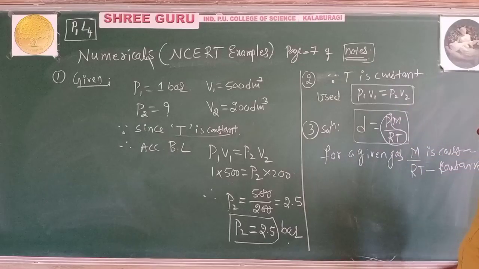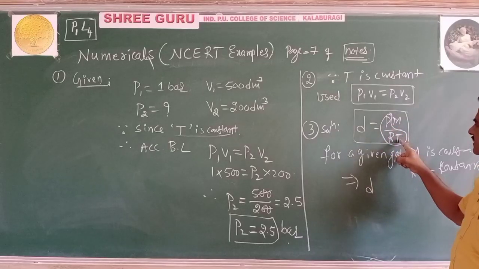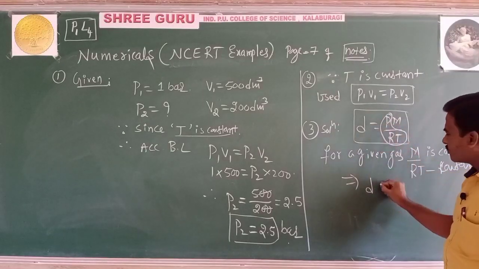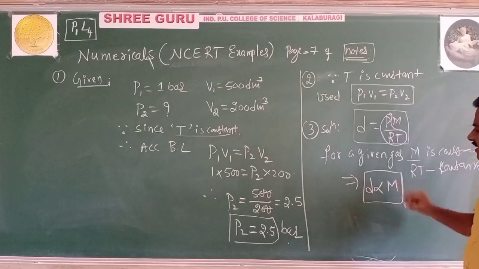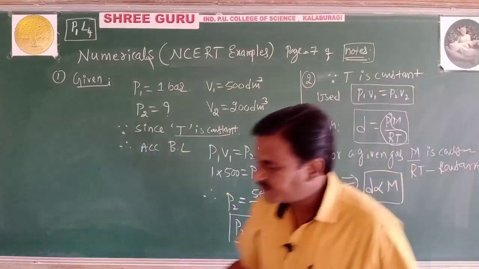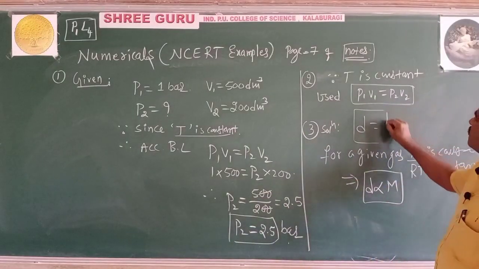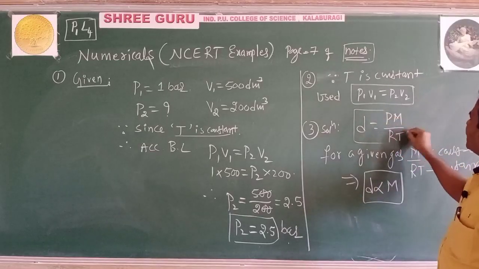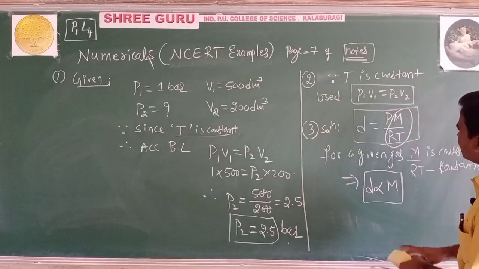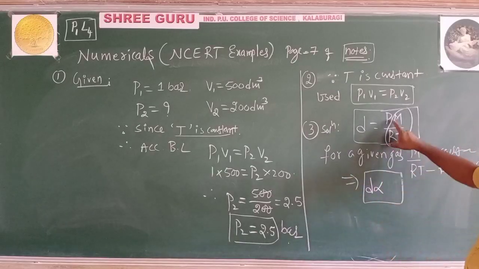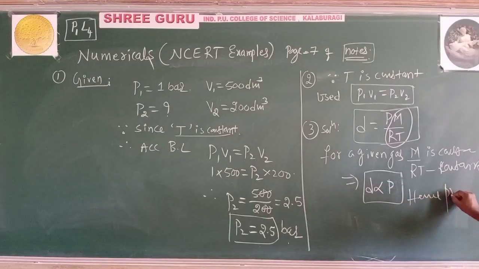So D equals PM by RT; for a given gas, M, R and T are constant, so MRT becomes constant. When the constant is removed, the equality changes to proportionality, so D becomes directly proportional to P, the pressure. Hence proved.